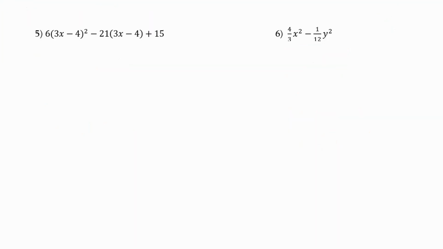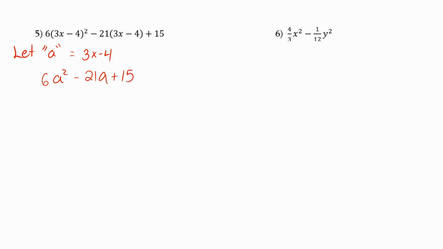Now this next one is pretty tricky. It looks quite difficult, but we're just going to make it a little simpler. So if you notice, we have 3x minus 4 here and 3x minus 4 here. What we could do is we could say, let's let the letter a replace all of that inside. So let's let a equal 3x minus 4. That way, we can just simplify this to 6a squared minus 21a plus 15.